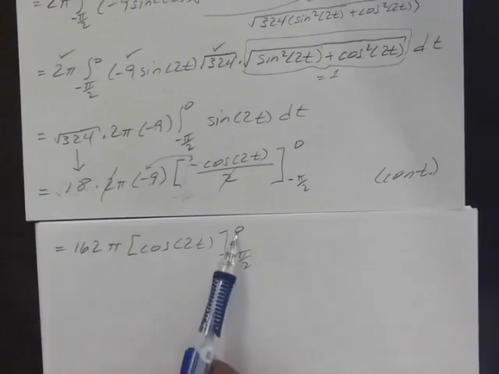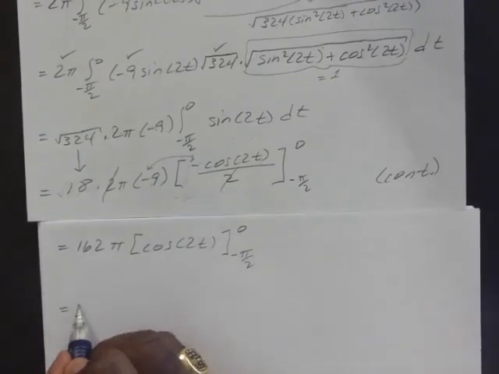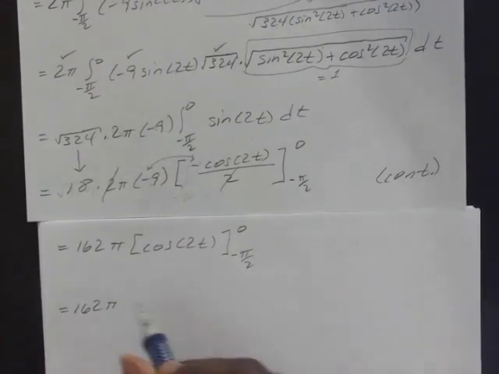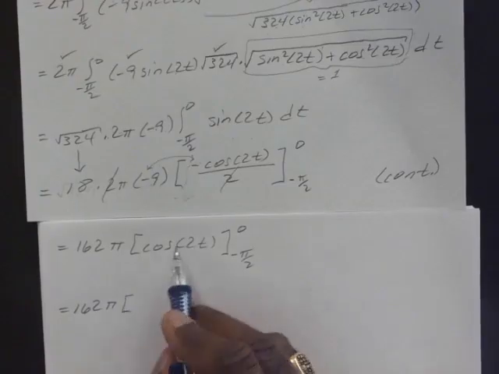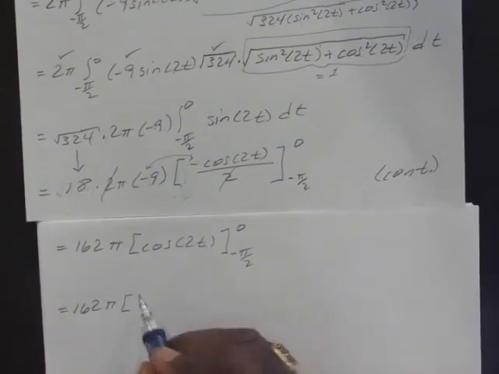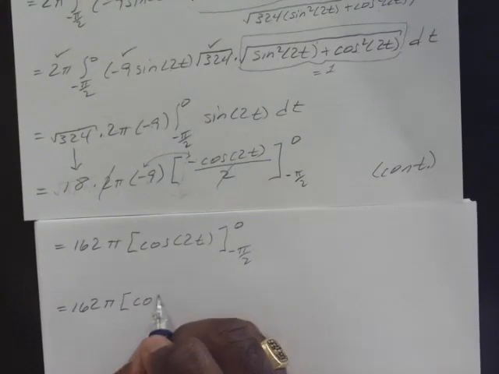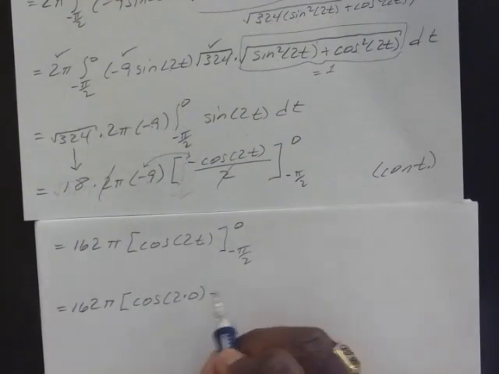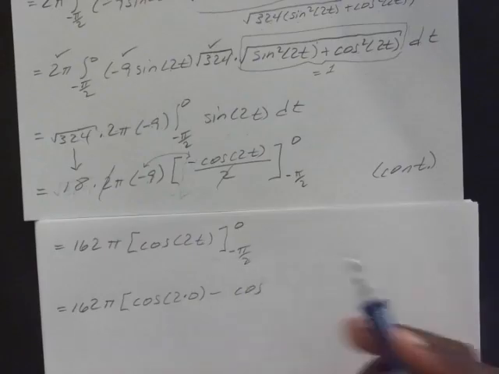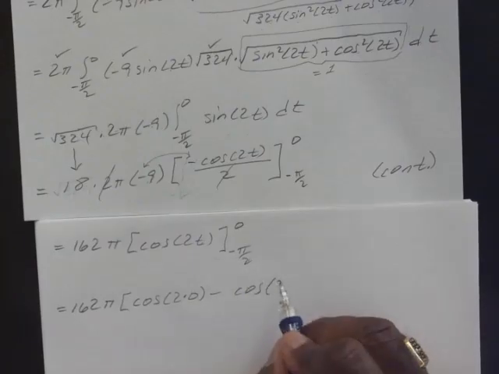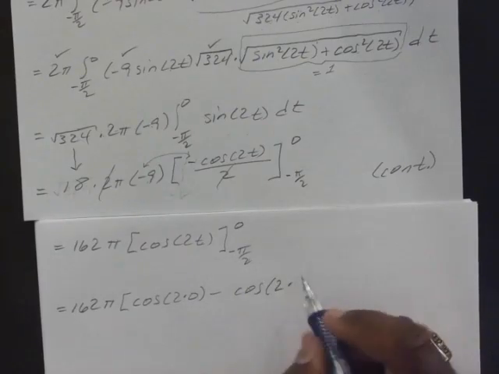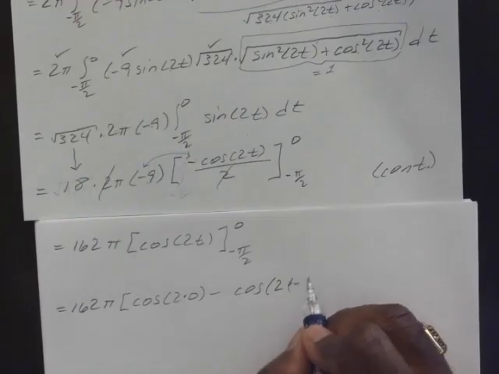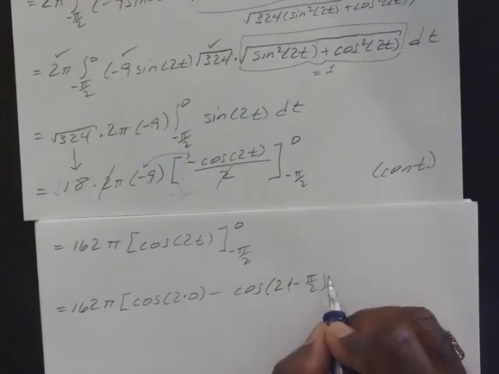Where we can go ahead now and apply the fundamental theorem. So we plug in our upper bound. So we have 162 pi times cosine of 2 times 0, which is just 0, but I'll just write out actually 2 times 0, minus cosine of 2 times negative pi over 2, which is just negative pi. I'll actually write it out, negative pi over 2.